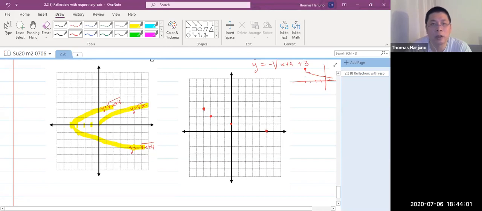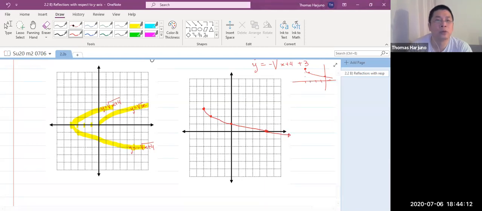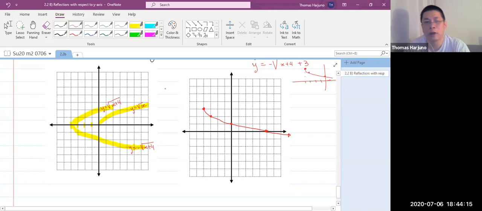Then I sketch that. That's what the graph looks like. Especially if you don't have graphing paper, you need to give me these important coordinates: negative 4, 3; negative 3, 2; 0, 1; 5, 0. That's the coordinates.